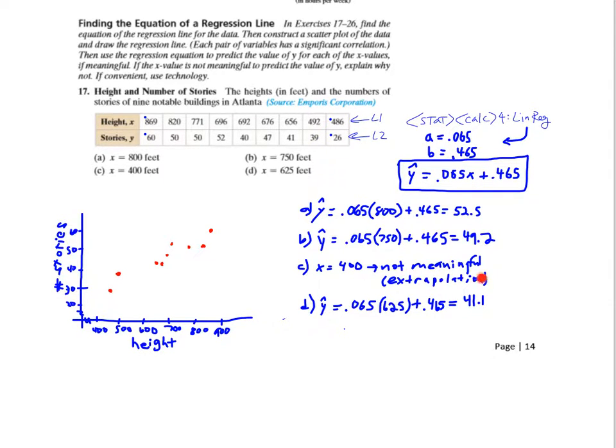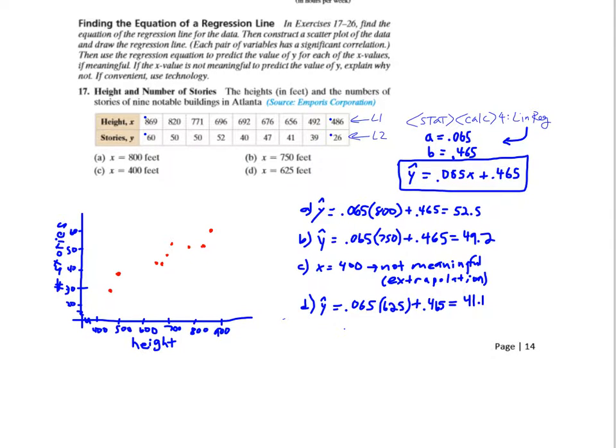That would be called extrapolation, leading to a not meaningful prediction, so we didn't bother with that one. And then finally in part D, you have y hat equals 0.065 times 625 plus 0.465. Crunch that out, you have about 41 stories.